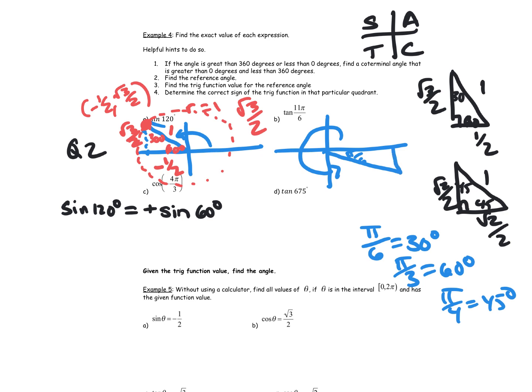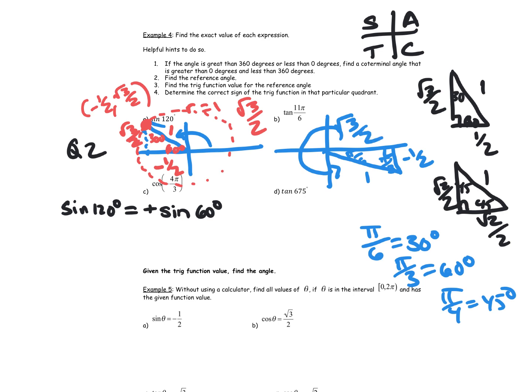So my reference angle is going to be pi over 6, which is 30 degrees, and which means I have a 30, 60, 90 triangle, so pi over 6 and pi over 3. So then I put in my ratios. So y is negative in quadrant 4, so it'd be negative 1/2, and then positive root 3 over 2.